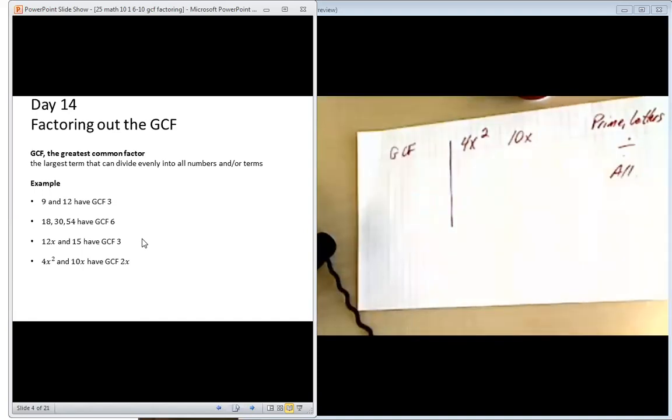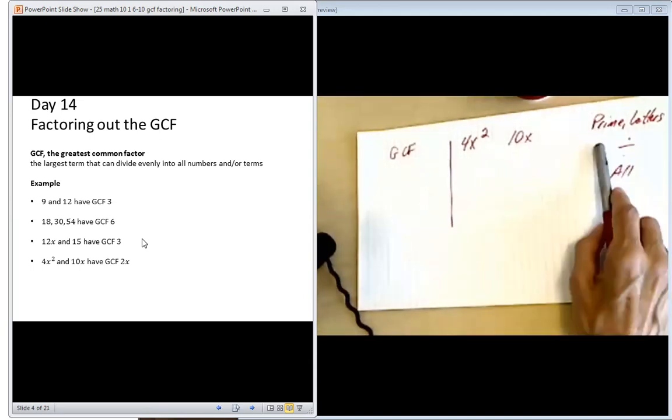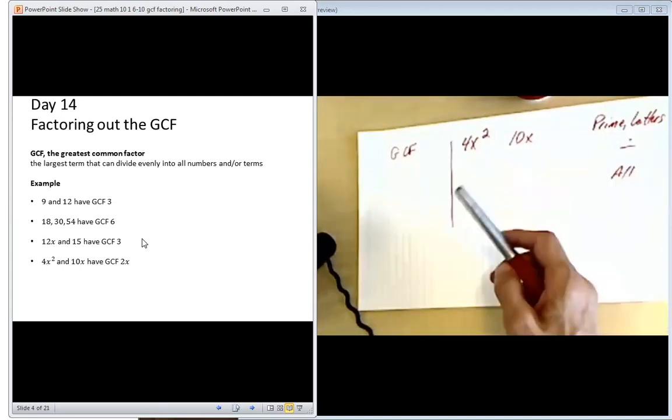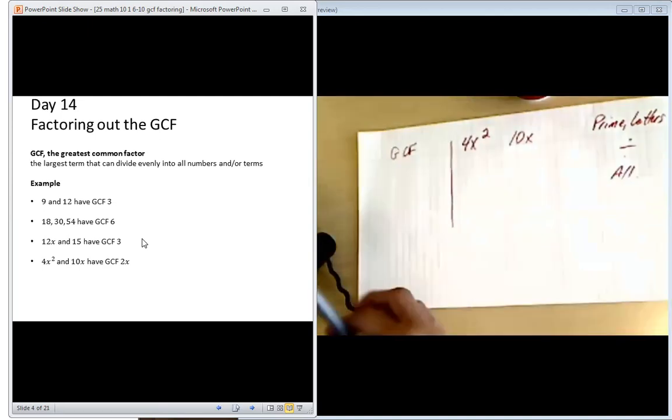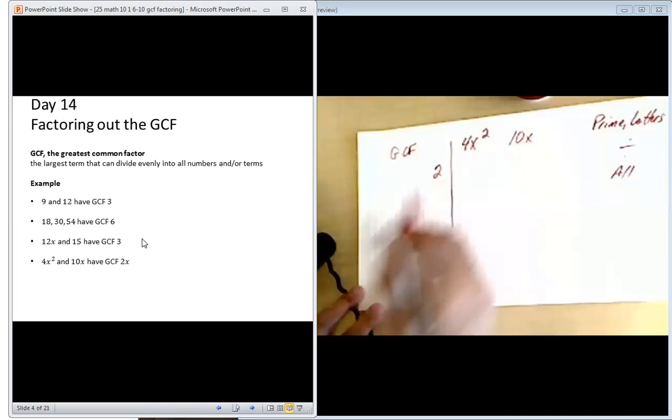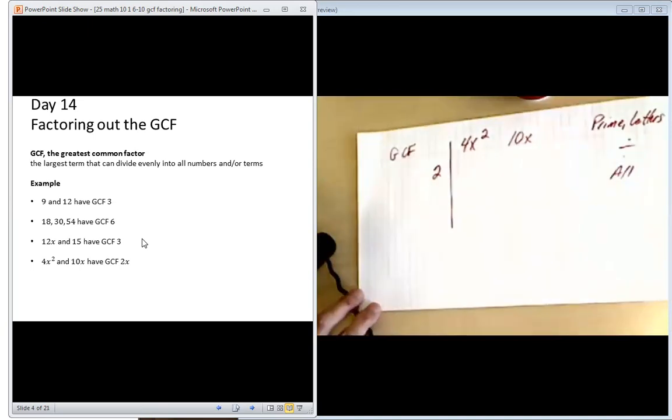Right? 2 for sure. Yeah, Zoom says 2. Class says 2. And it's what you're saying, a good idea: do numbers first and then letters. After a while, you'll be able to see, oh yeah, it's do everything at once, right? But just to start with, yeah, numbers first. So that looks good. 2 goes into both.